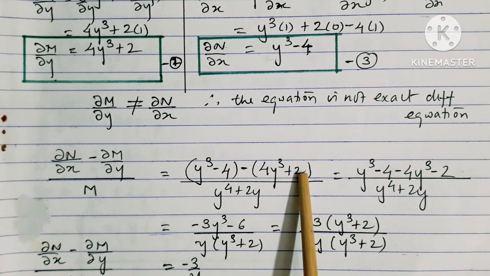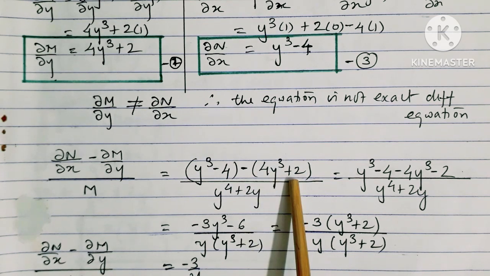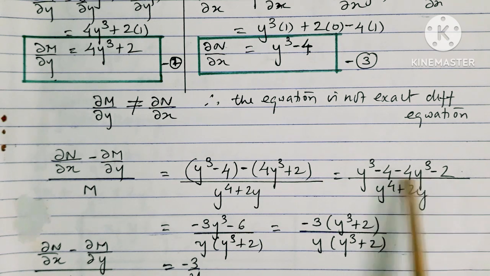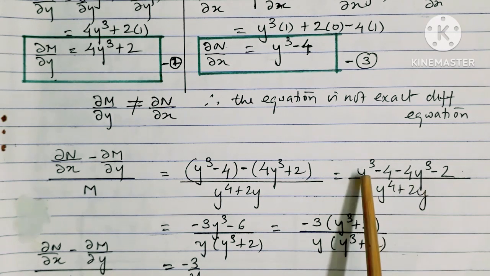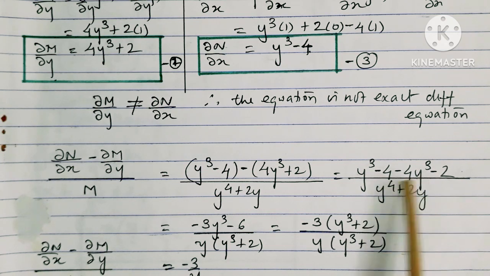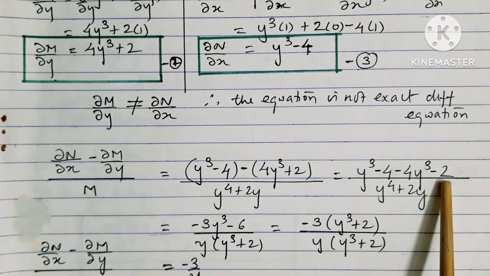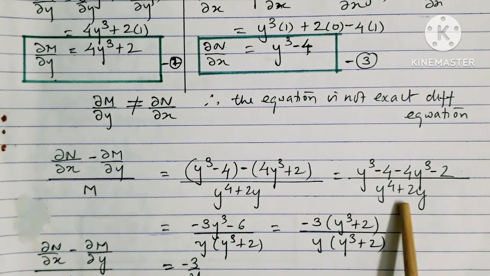So when we open this bracket, both these terms inside the bracket would change their signs. So this would be (y^3 - 4 - 4y^3 - 2) upon y^4 + 2y. Now y^3 - 4y^3 would be equal to -3y^3, and -4 - 2 would be equal to -6.